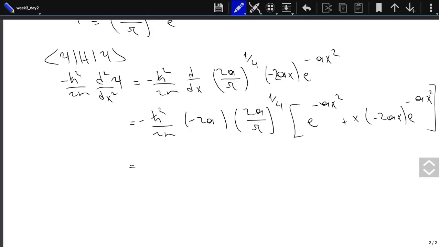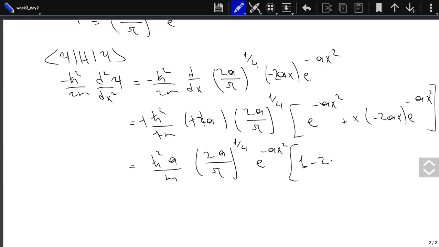So this is the second derivative. Let me simplify it slightly more. The 2 cancels 2, the minuses cancel: h bar squared a over m, (2a over pi) raised to the power 1/4, e to the power minus a x squared times (1 minus 2a x squared). So this is the kinetic energy.